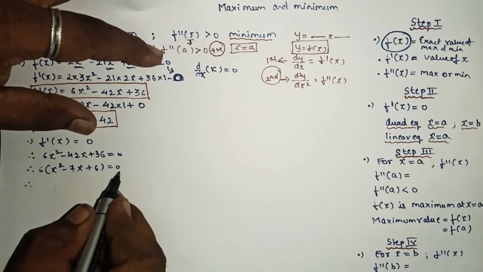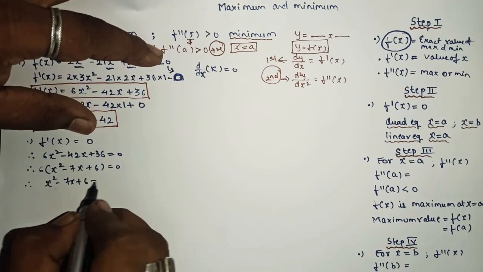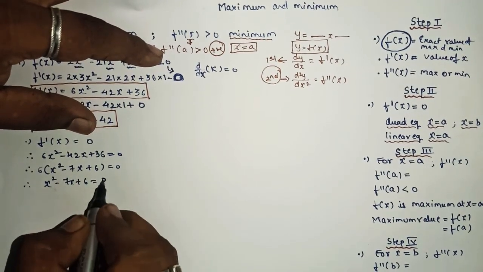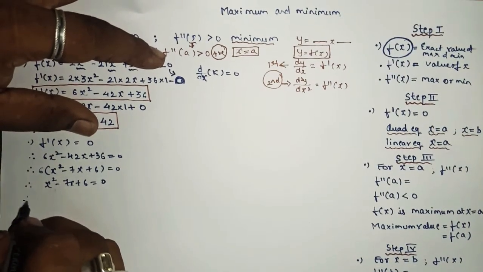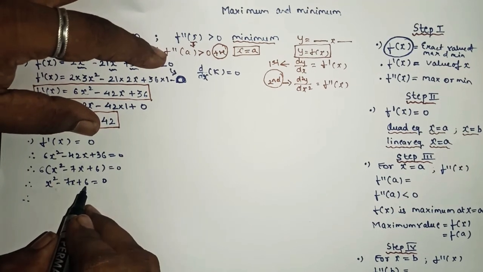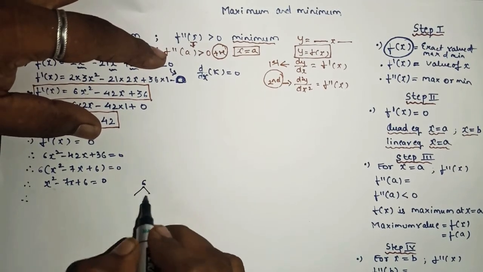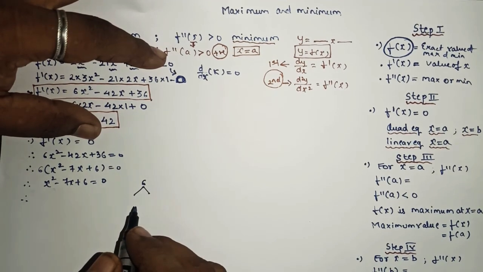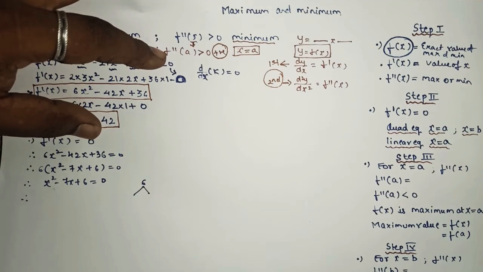Now this 6 will go down, so 0 upon any number will be 0. Okay, so now we'll split this equation, as your product is 6. The product is 6, yes or no? The product is 6. So we'll write what?